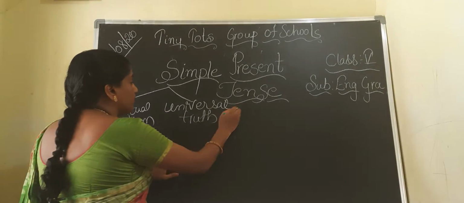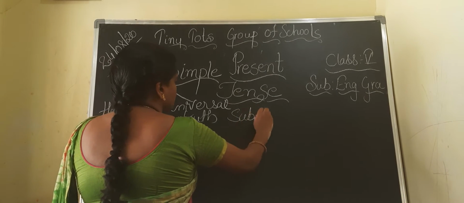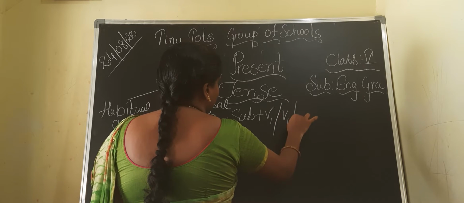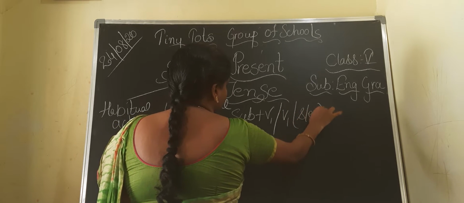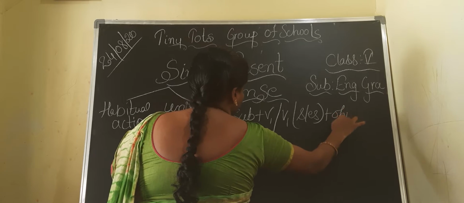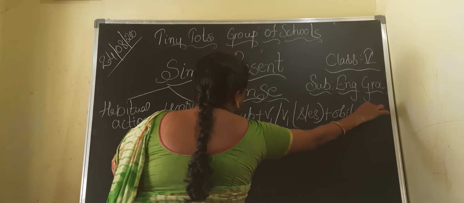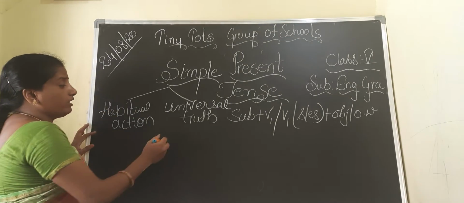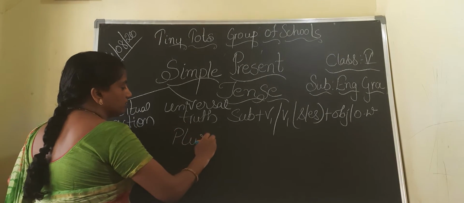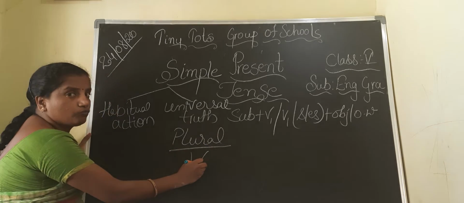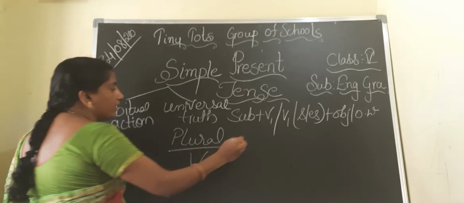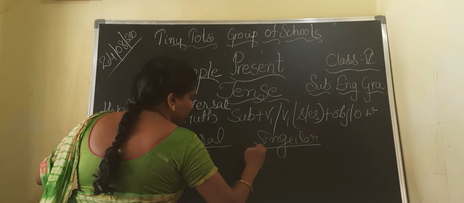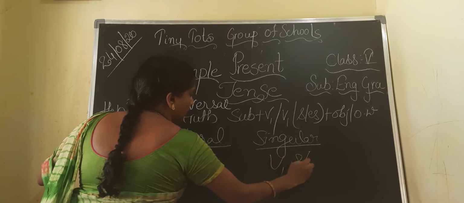And we have learned the structure of the simple present tense as subject plus V1 or V1 with s or es, along with an object or other words. Already we have learned the structure, children. For a plural subject we have to use V1, and for a singular subject we have to use V1 with s or es.